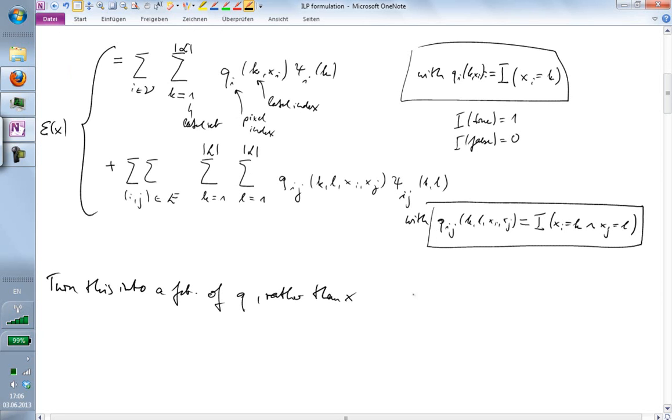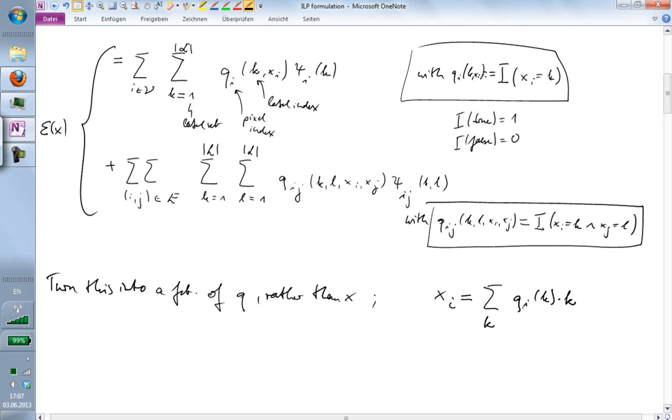And then I could say that I have a new rule now which says that Xi is a function of Q. So you see these indicator variables are now 0 or 1.